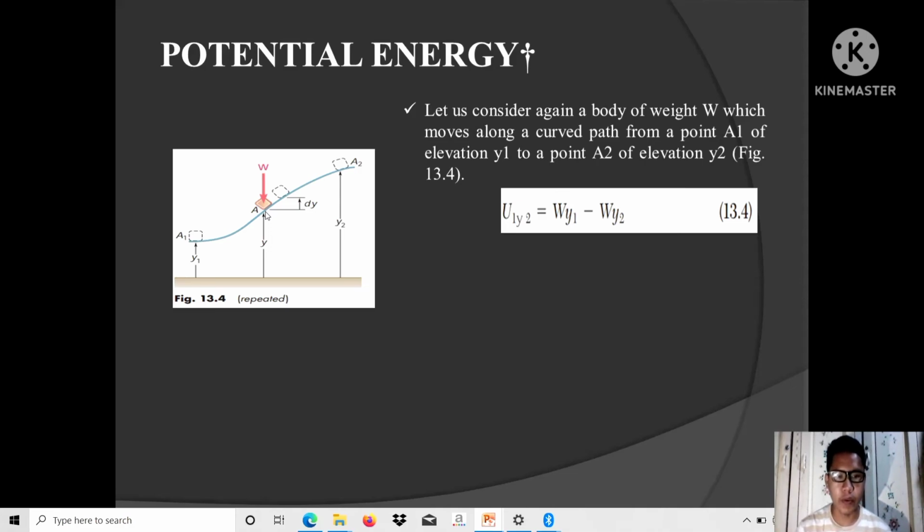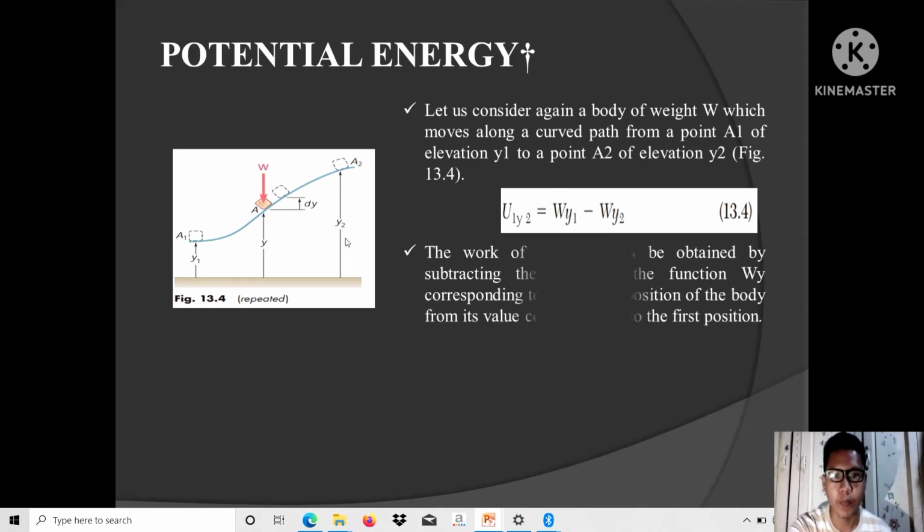Then the potential energy of an object moves along a curve from A1, which is the elevation of y1. Therefore, we have equation 13.14, which is V1-2 equals W y1 minus W y2.